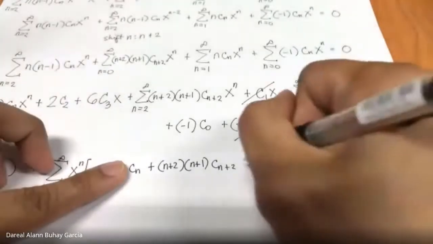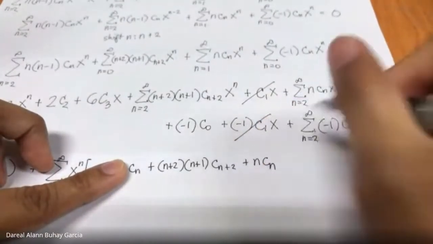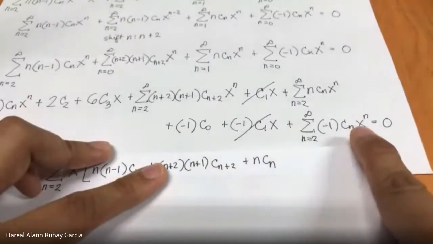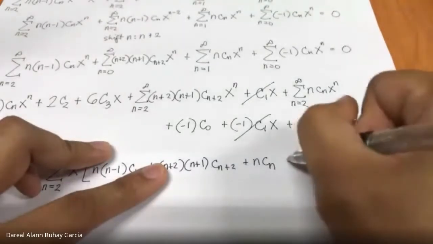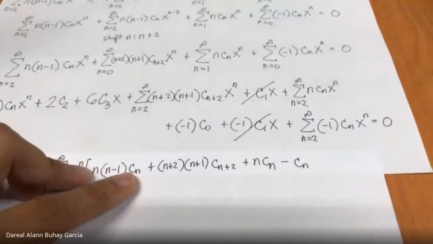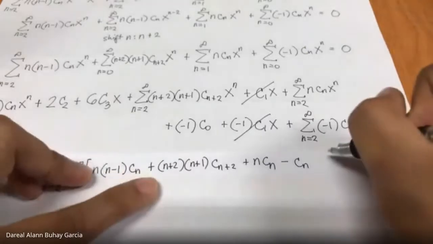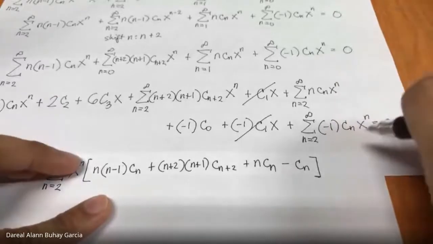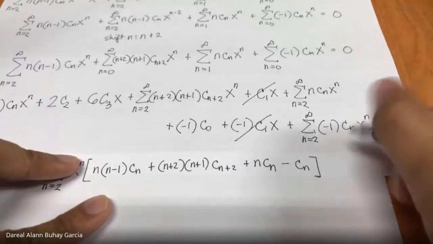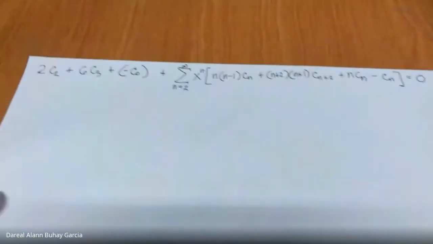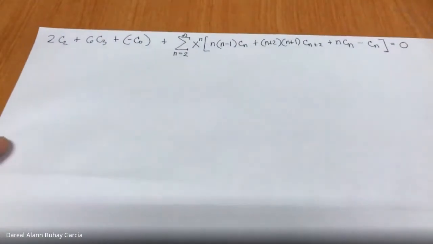Plus nCn, diba? Minus Cn. Okay. Equal to 0. Okay. Sige, observe sa kadyot.